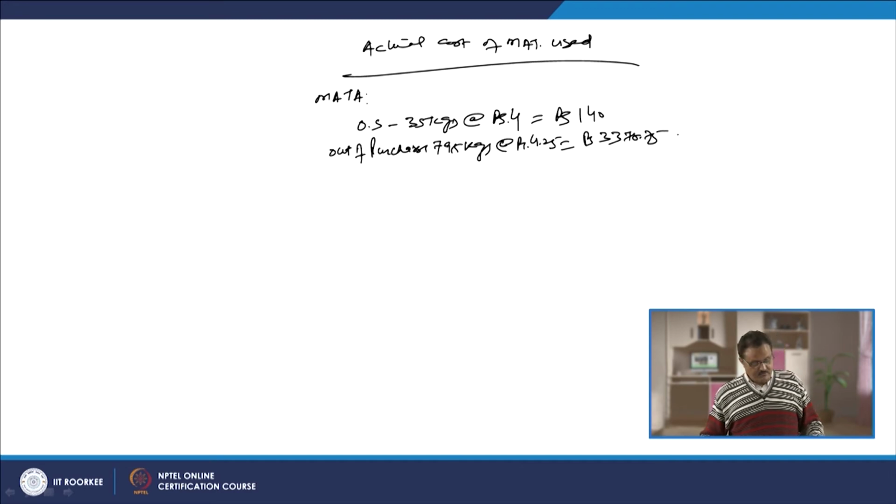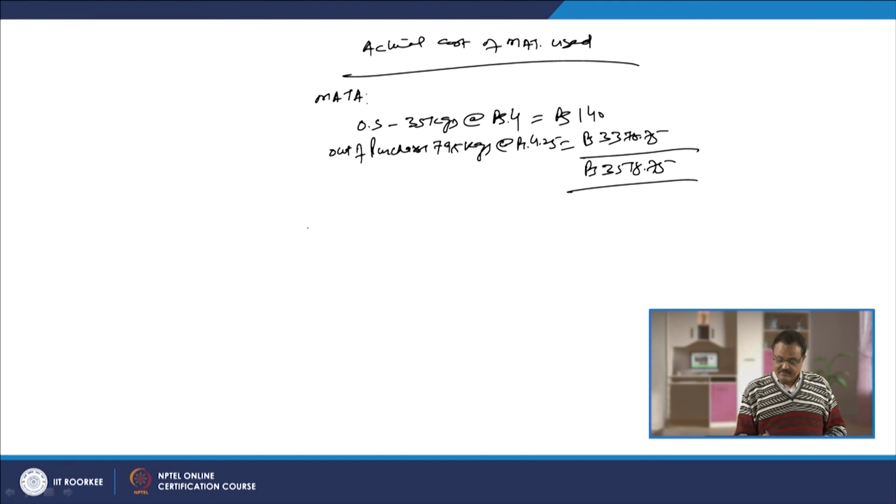So, these are the two components. Finally, for material A, the actual cost of the material used is going to be 35 plus... total it up, then it is going to be 3518.75.